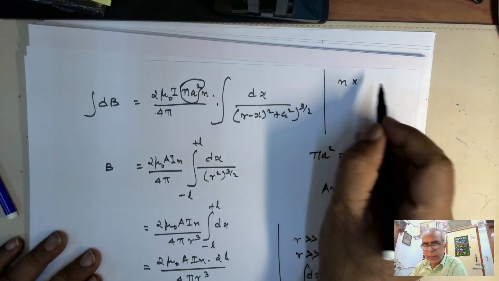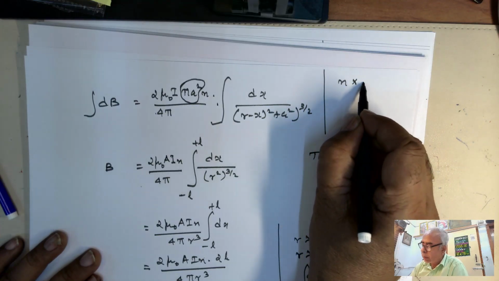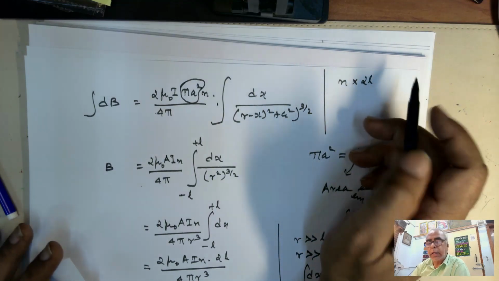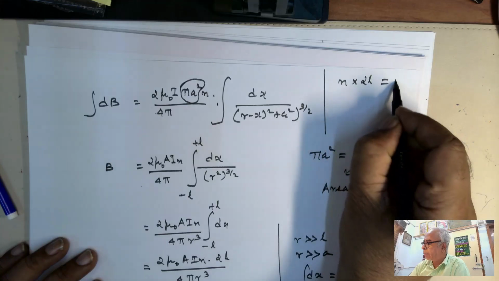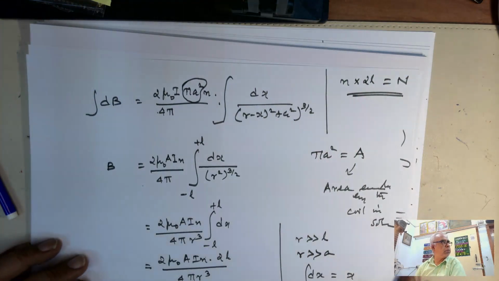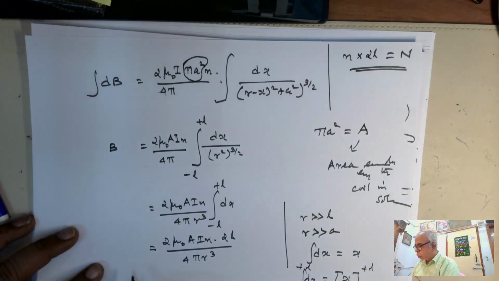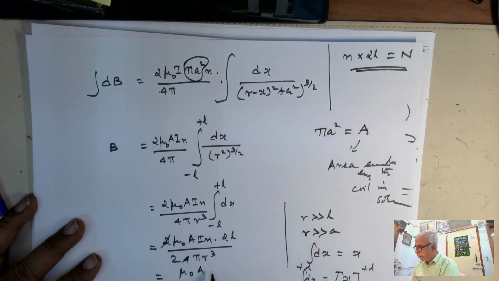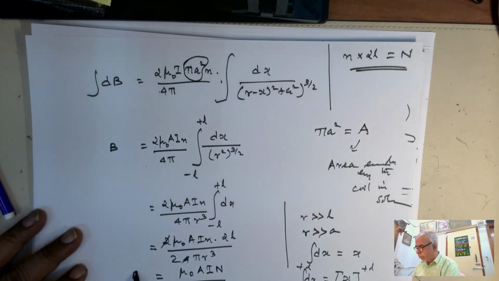Now I am multiplying this unit length by the overall length L, that is the overall length, is it not? So that is capital L. So don't forget, total number of turns of solenoid. So that is equal to, you can strike out this one now. So mu naught A I capital N divided by 2 pi r cube is equal to B.